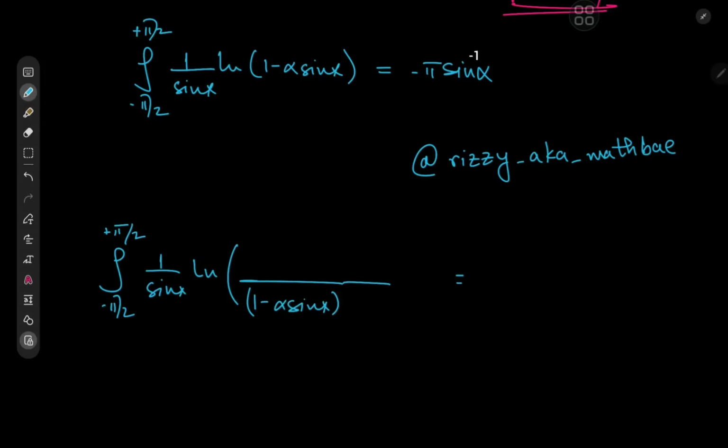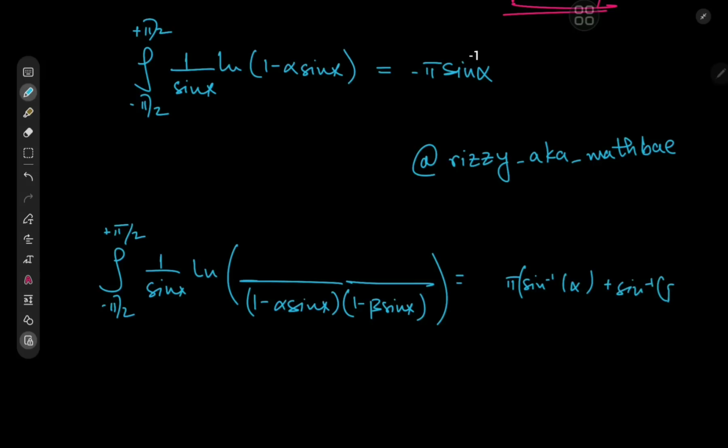And on the right hand side, that would actually translate to having positive inverse sine alpha, because then you would have negative signs on both sides. And of course we need a 1 minus beta sine x as well. So that's something added to it. So we have plus pi times, we just factor out the pi, we have inverse sine of beta.